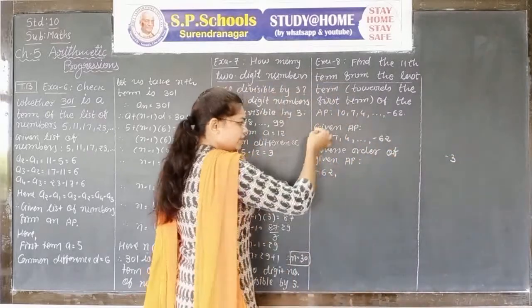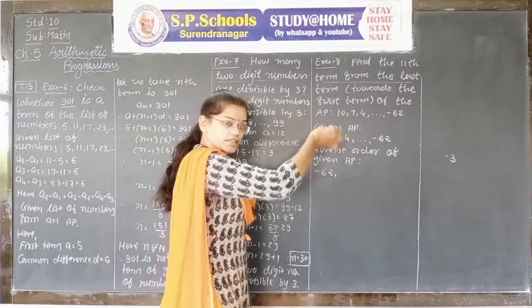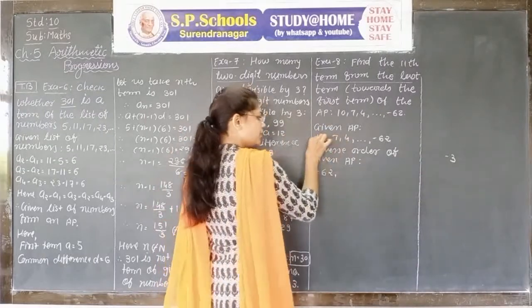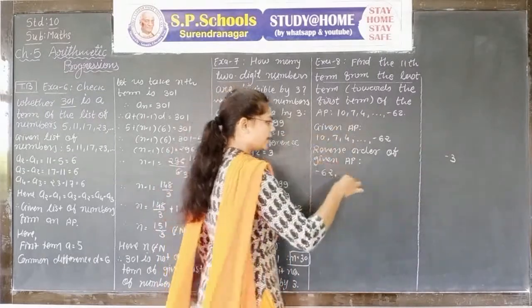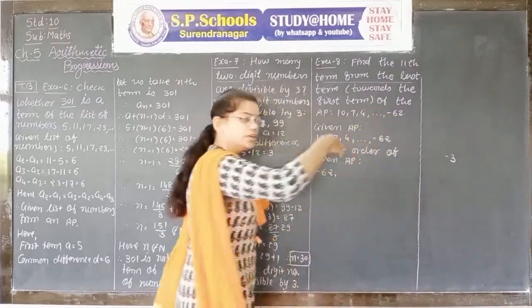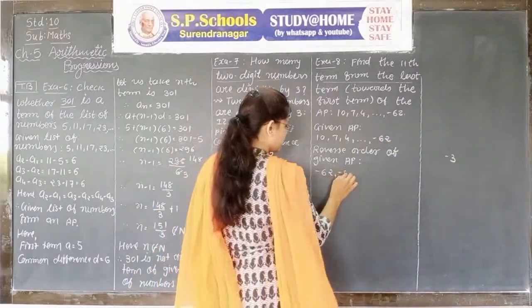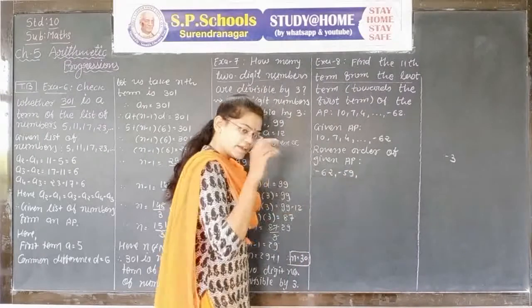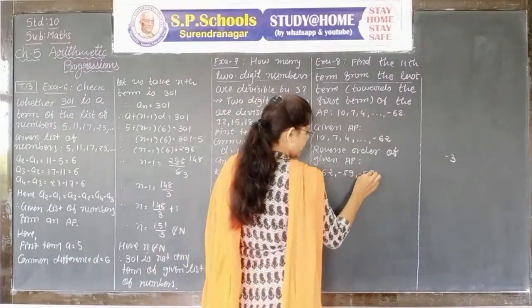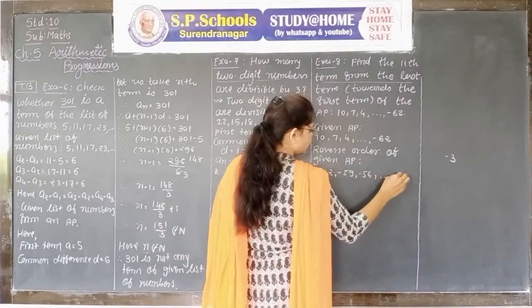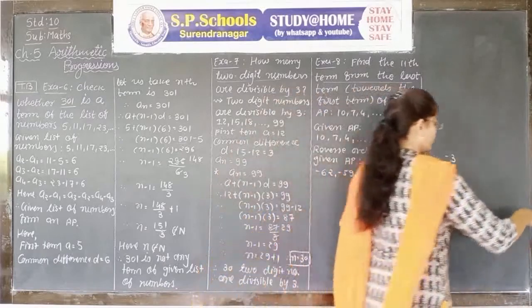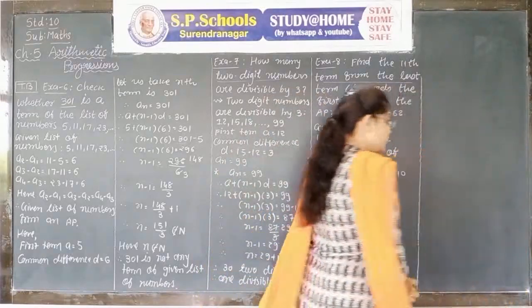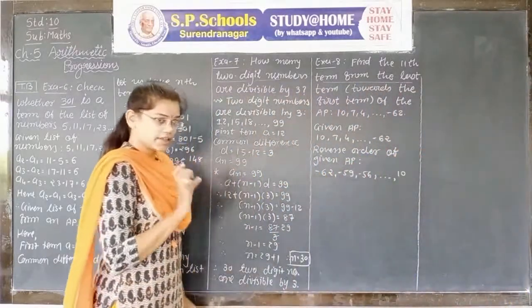To obtain the previous term, not the succeeding, we have to add plus 3 to the minus 62, we get minus 59. Again we add plus 3, we get minus 56, up to 10. The common difference is opposite in the reverse AP.